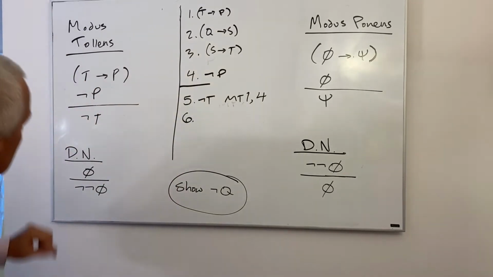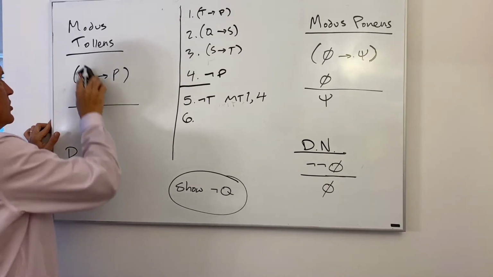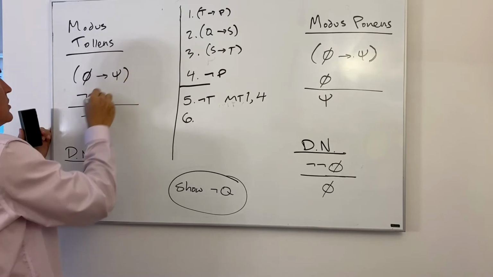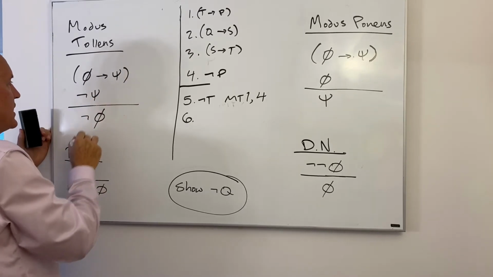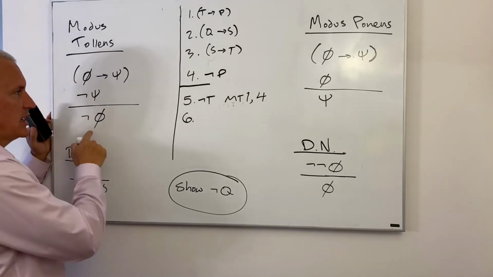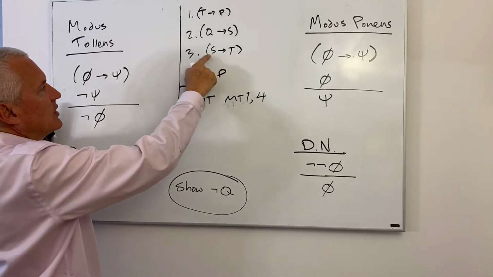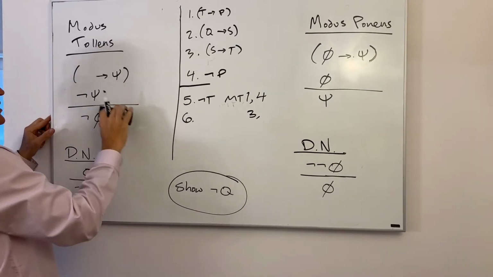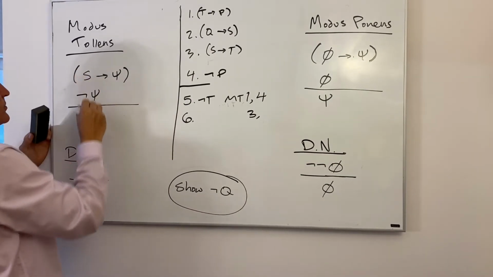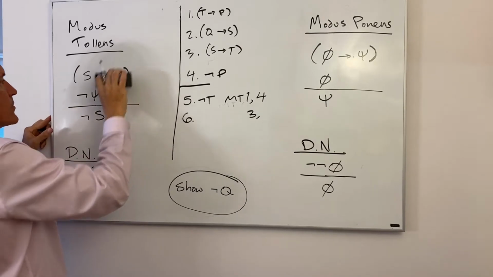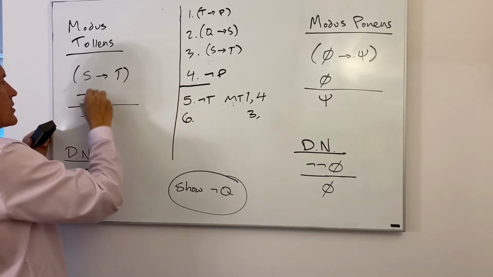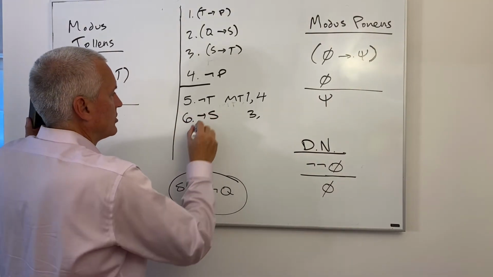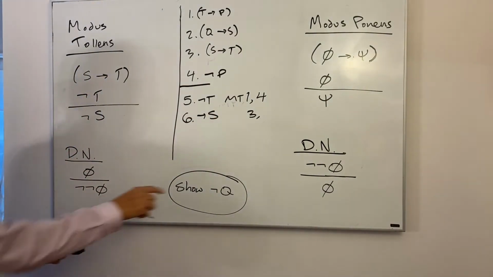If we go back again to our modus tollens rule, if I have a conditional and I find out the second half is false, then I can say the first half is false, and I do have that, right here, line 3, it says S arrow T. And so I can say not S. Still, that's not Q. I want to show not Q.